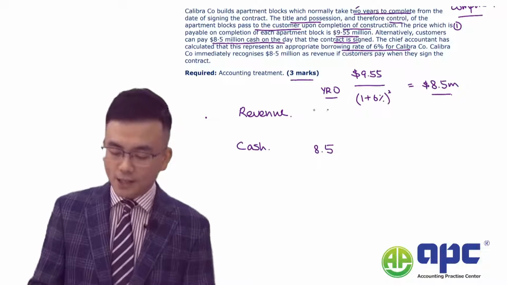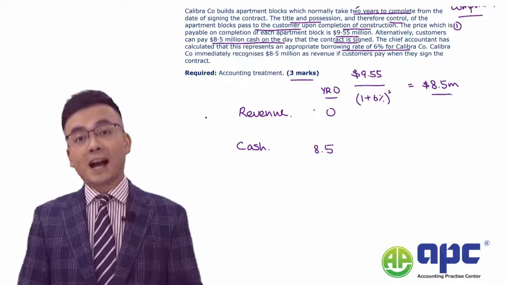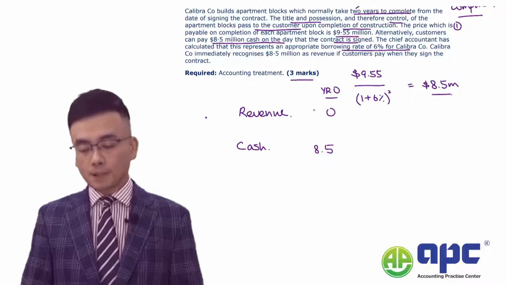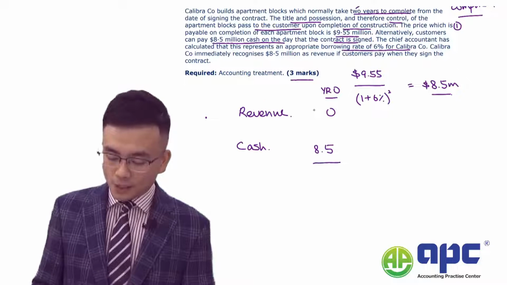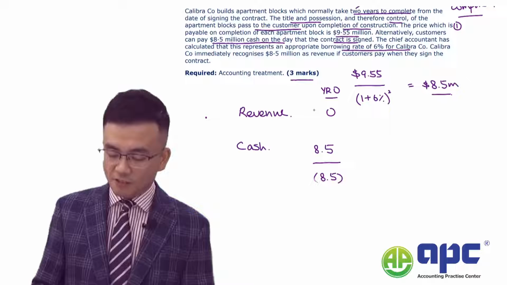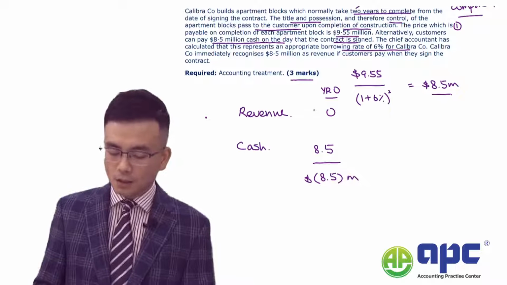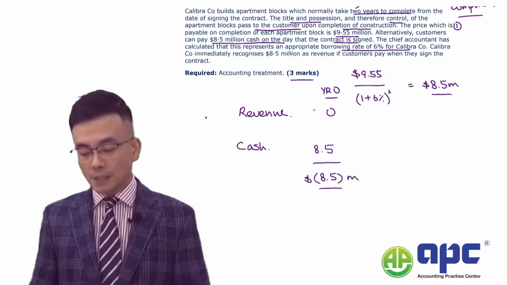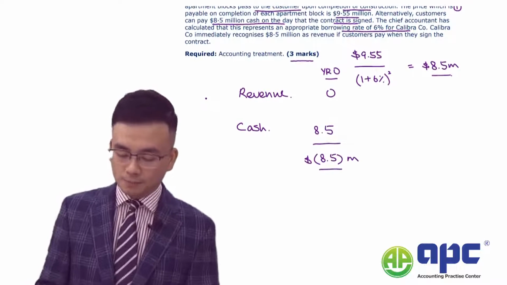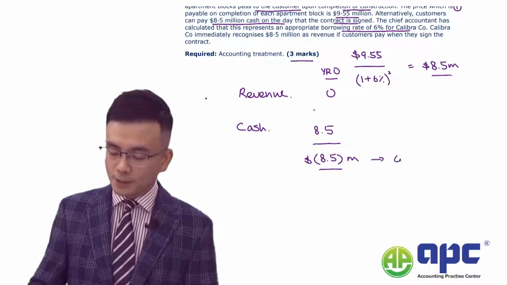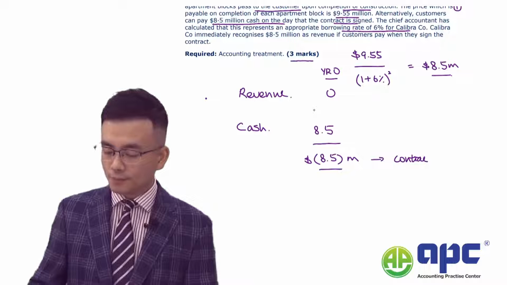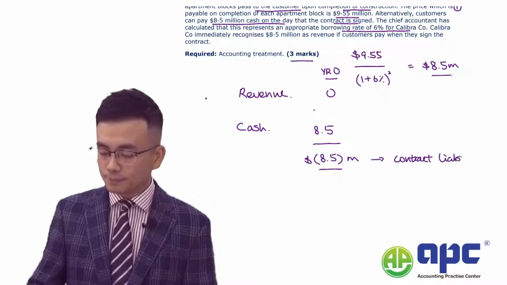However, we shouldn't recognize any revenue at all because we haven't performed the work. So therefore, that will be a negative figure of nought minus 8.5 million. So that 8.5 million, I will say to the examining team, will be the contract liability at the very start.